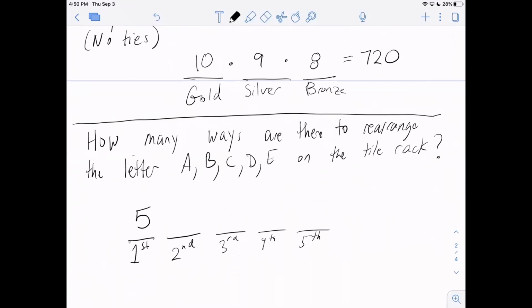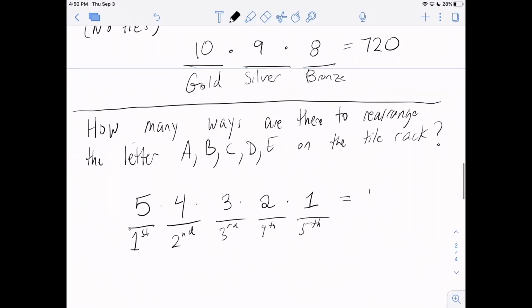So the number of options would always drop down by 1. So 5, 4, 3, 2, 1, and you multiply these all through. This comes out to 120.